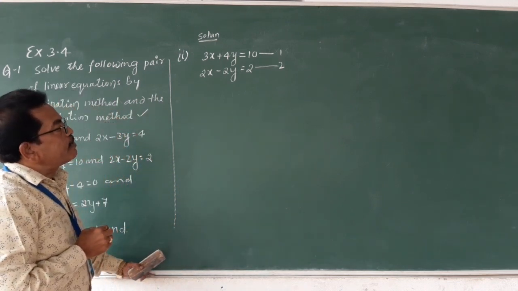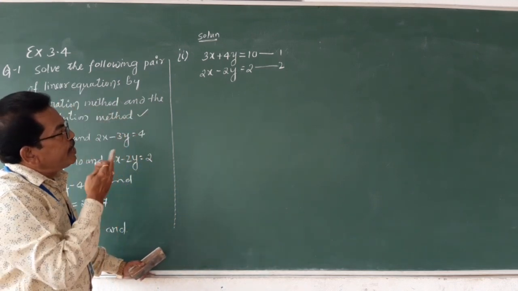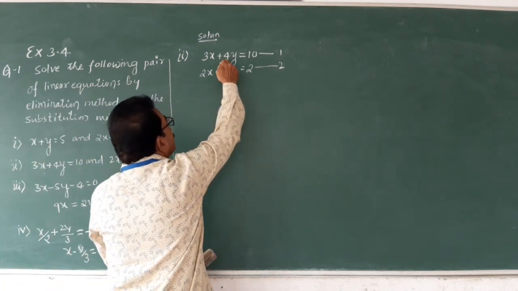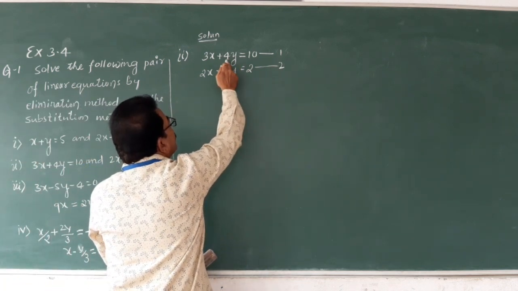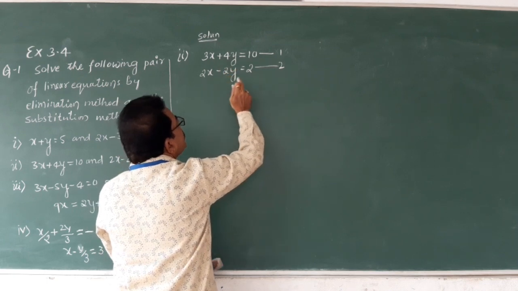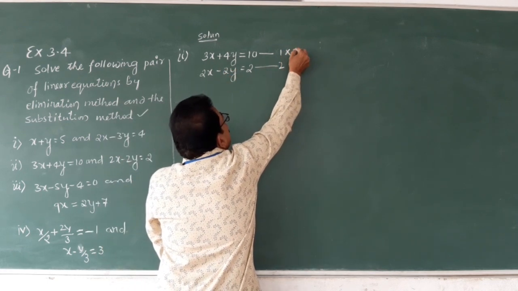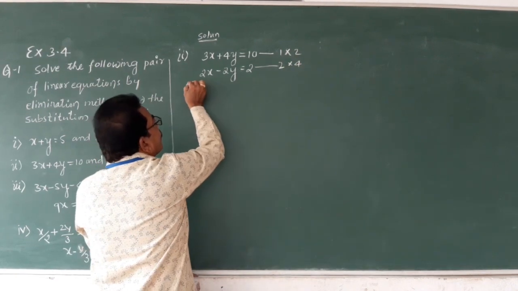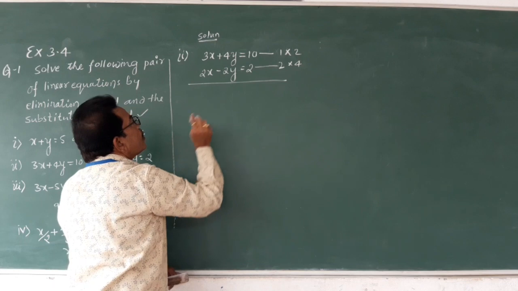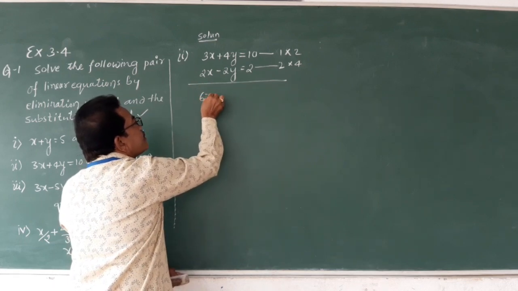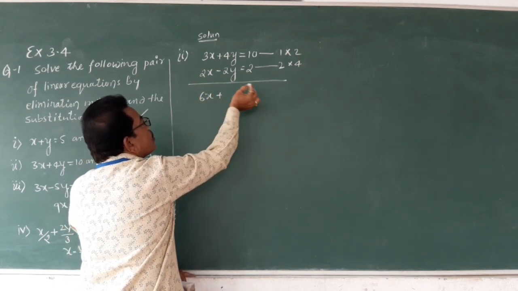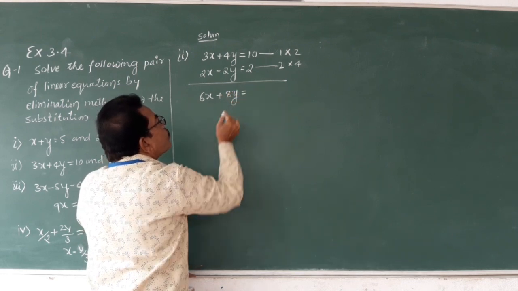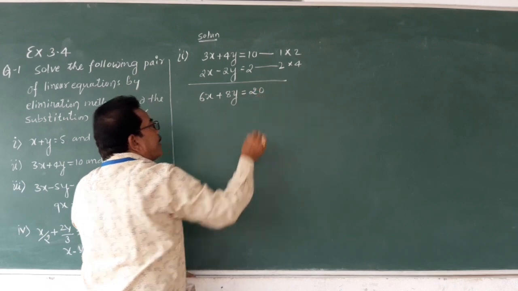Okay, let us make the coefficients equal. See, here is minus 2, here is 4. What we have to multiply to make 4 and 2? Multiply the first by 2: 2 3s are 6x plus 2 4s are 8y, 2 10s are 20.